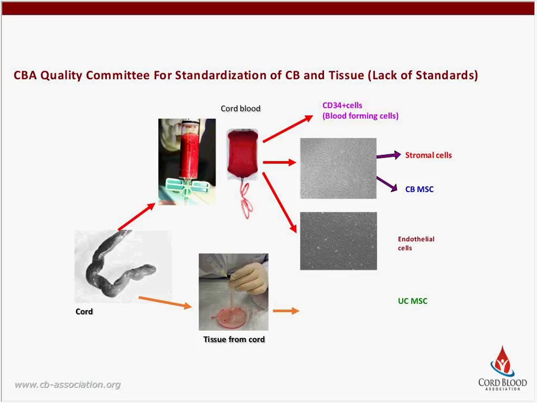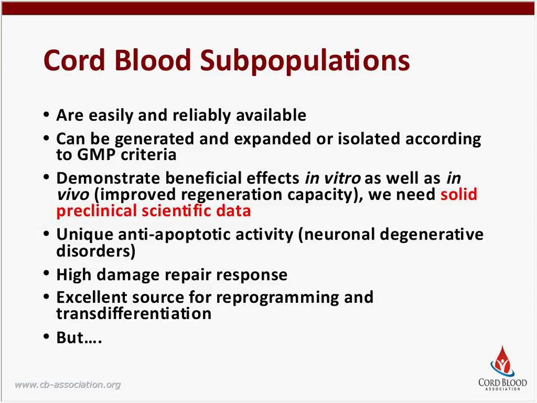And I think when we want to move into the next phase of regenerative medicine, we should really try to standardize them. The cord blood subpopulations from fresh cord blood are easy and available. From cryopreserved, it's much more difficult.